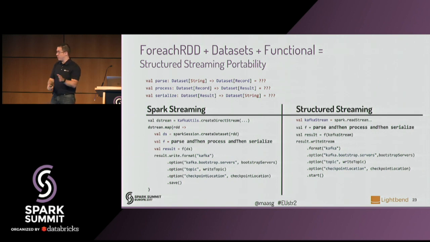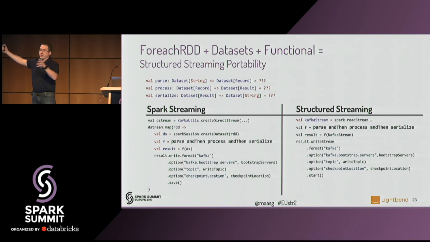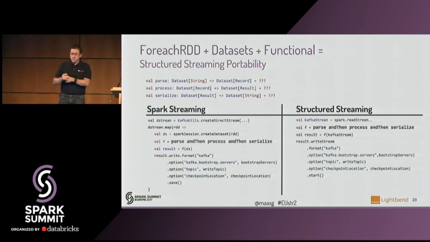This is taken from a real-world job that has been anonymized to protect the innocent. In Spark streaming, what we do is we create our InputDStream. We create a dataset out of this RDD that is there. So the source of the data is exactly the same.